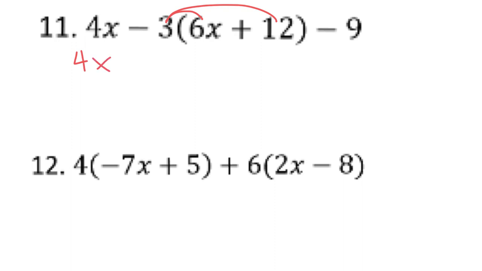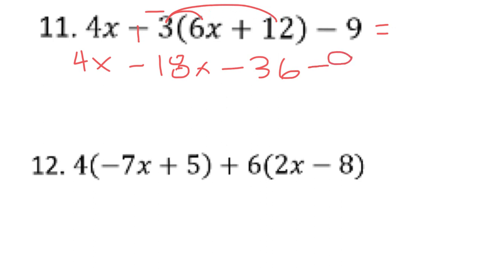So we get 4x minus 3 times 6 is 18x, sorry, 6x. And then -3 times 12 is -36. Again, if you want to, you can change that to plus a negative. So you're really distributing the -3 on both of those.